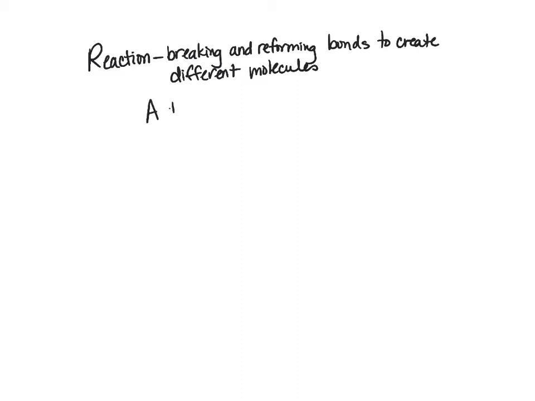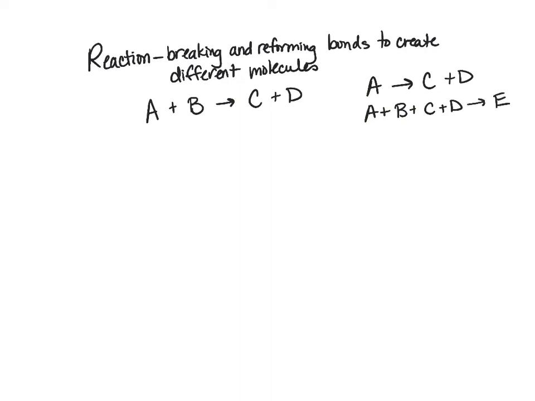So something like A plus B goes to C plus D. Now, it doesn't have to be A and B on one side, so it doesn't have to be two things. It can be one. So A can go to C plus D, for example, or it can be A plus B plus C plus D goes to E. So the number of items on this side and the number of items on this side can be anything from 1 to dozens.